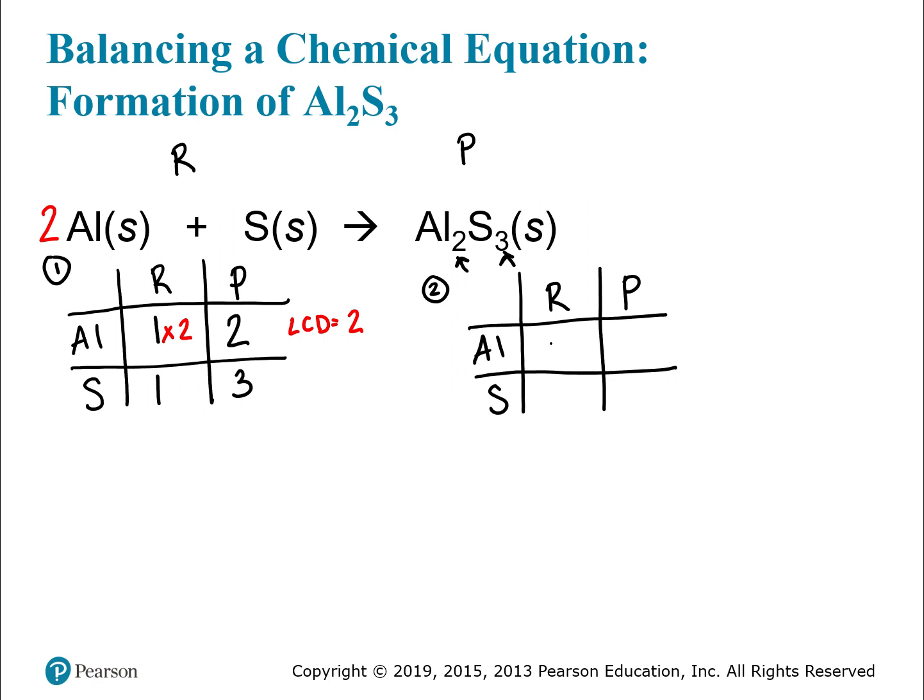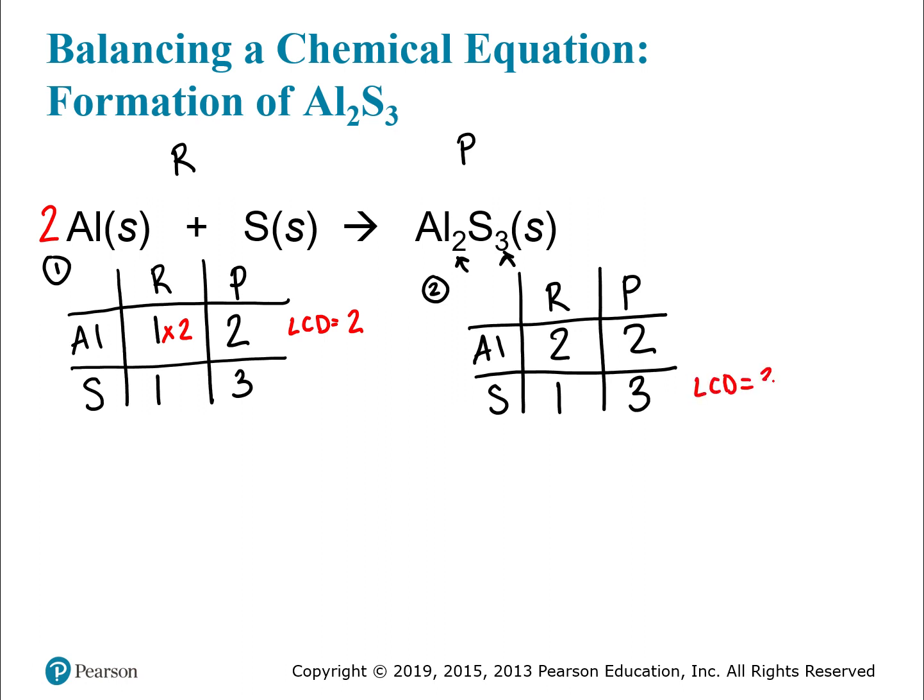So we multiplied our aluminum by 2. Now we've got 2 on the reactant side and 2 on the product side. We haven't touched the sulfur, so we've still got 1 on the reactant side and 3 on the product side. We do the same trick with our lowest common denominator. We've got 1 and 3.